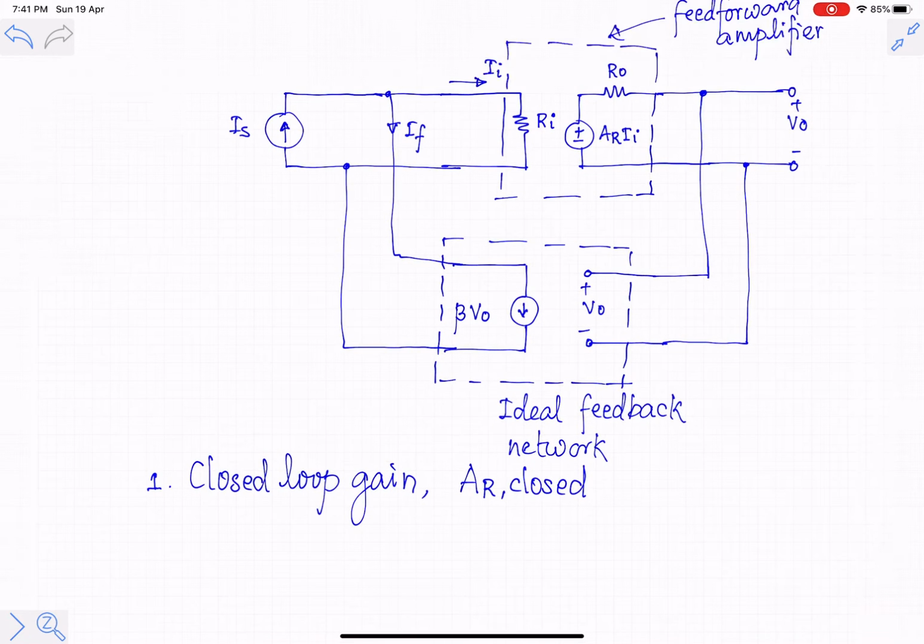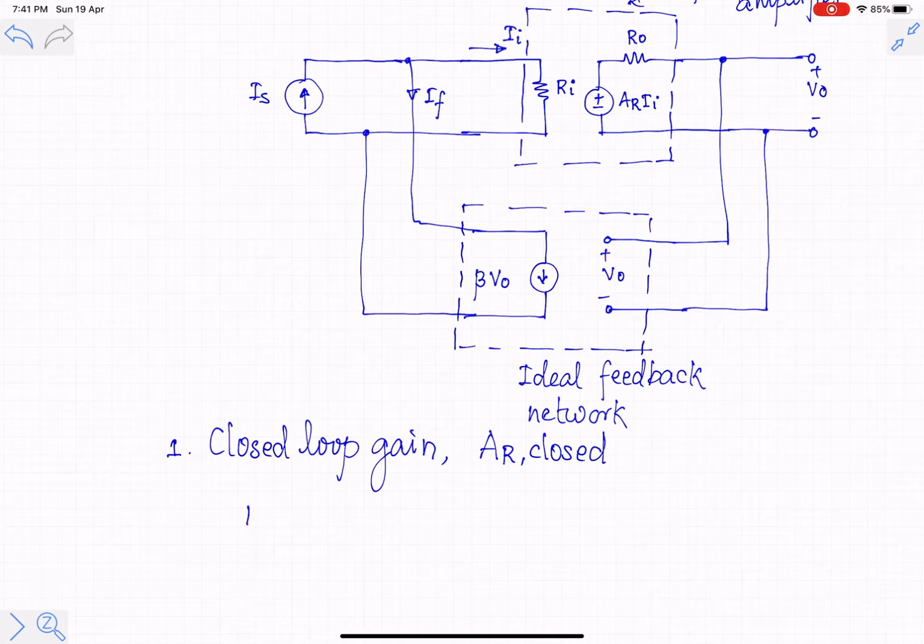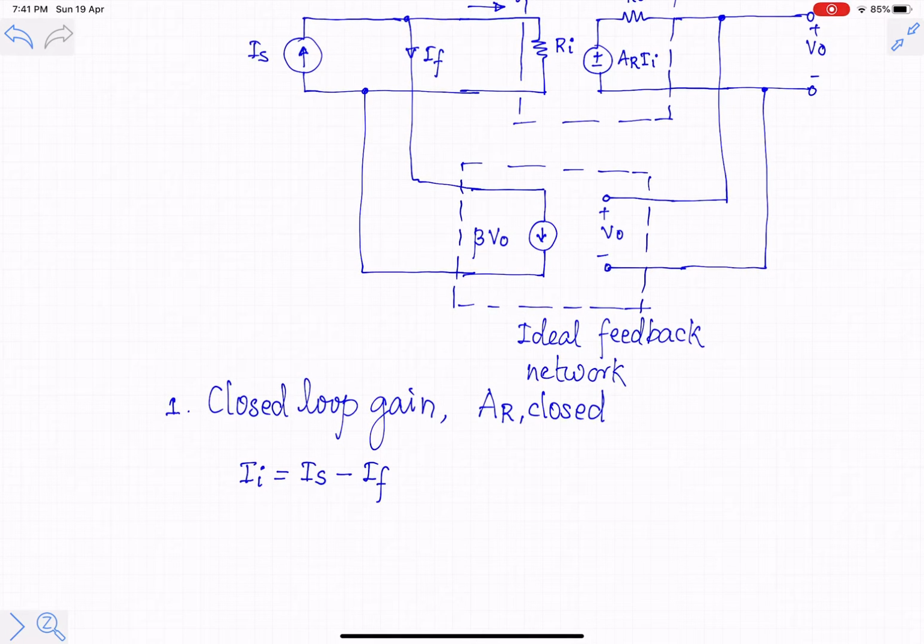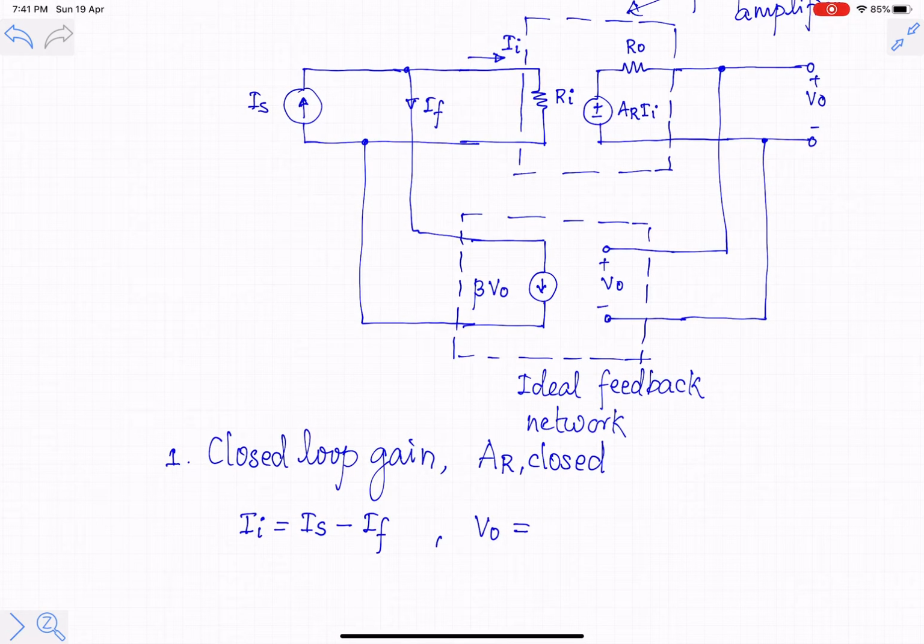So we can see that in this case the value of Ii is Is minus If. Vo is given by AR into Ii, which is equal to AR into Is minus If.